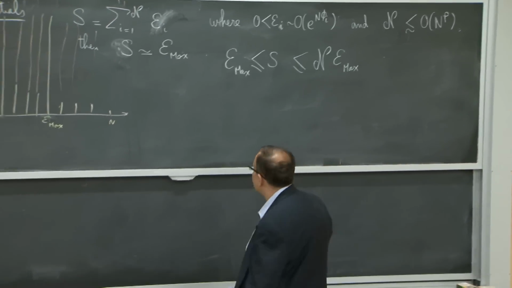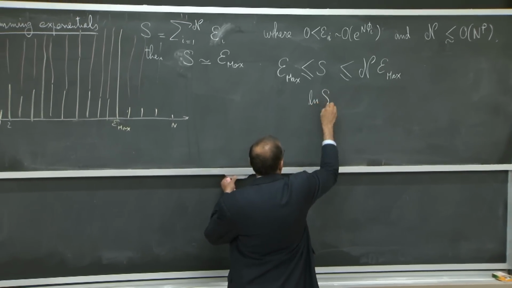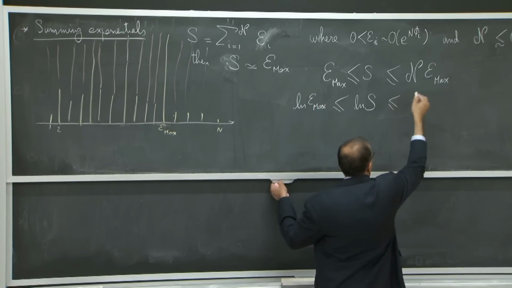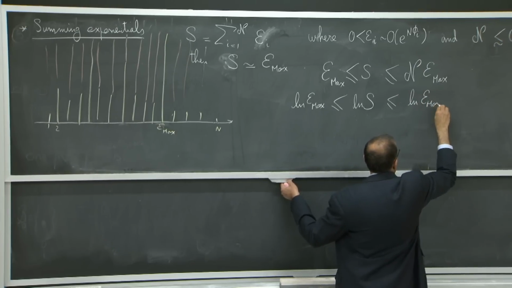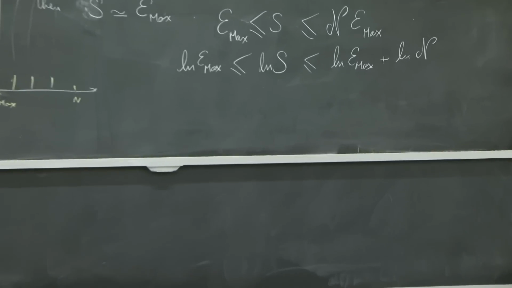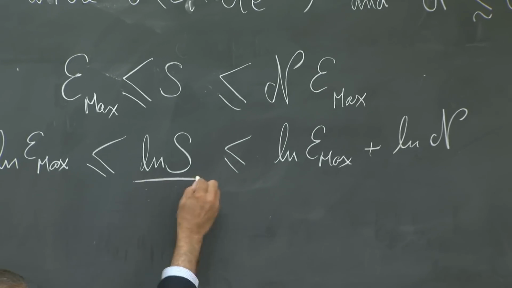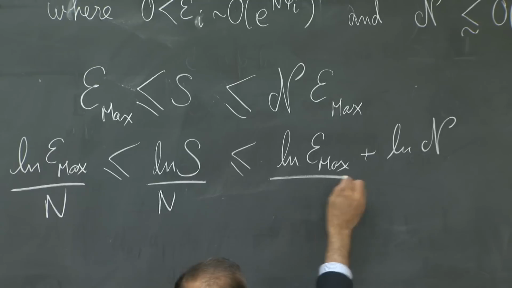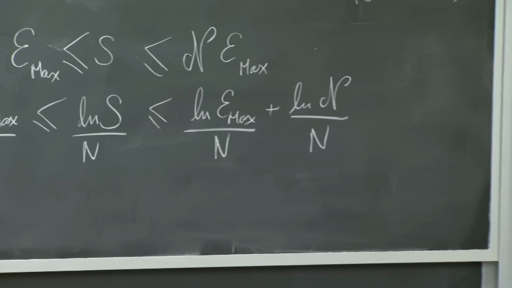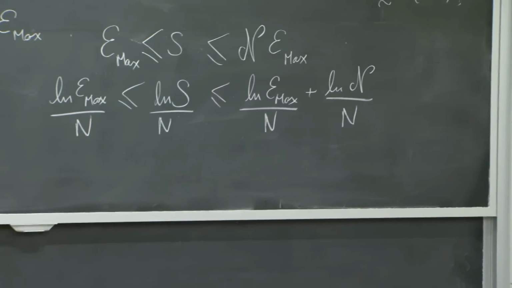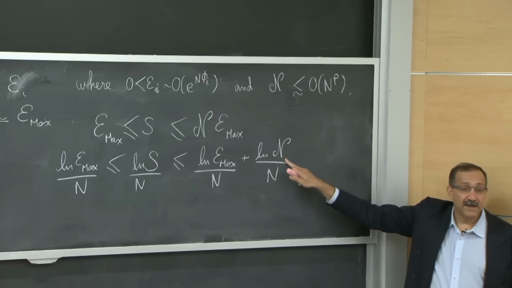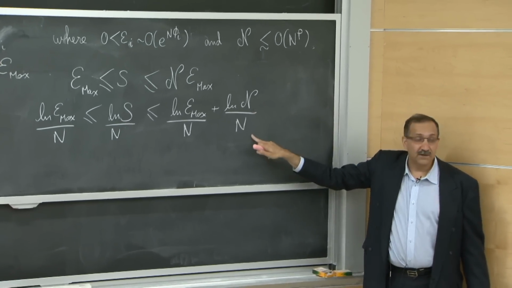So then what I will do is take log of this expression, and it will be bounded by log of epsilon max and log of script n epsilon max, which is the same thing as log of epsilon max plus log of script n. And then I divide by n. Note that the conditions that I have set up are such that in the limit that n goes to infinity, script n will be n to the p, so log script n is p log n over n.